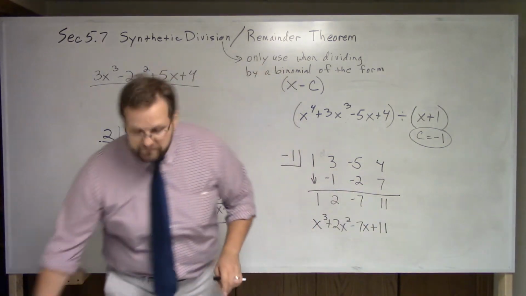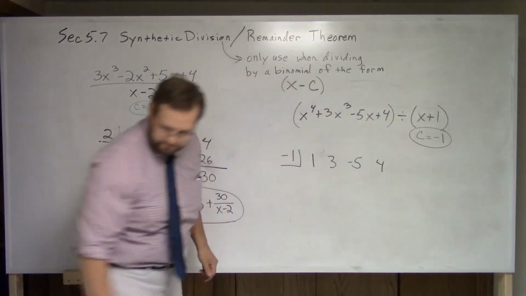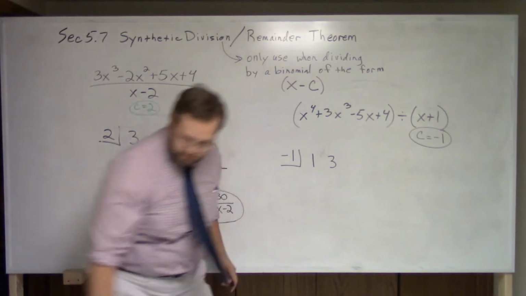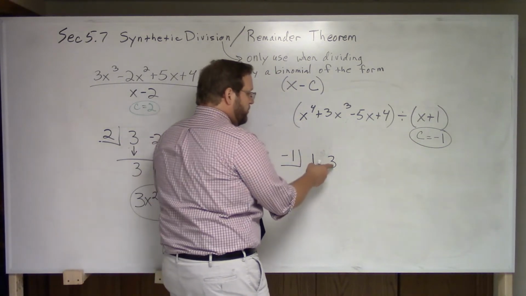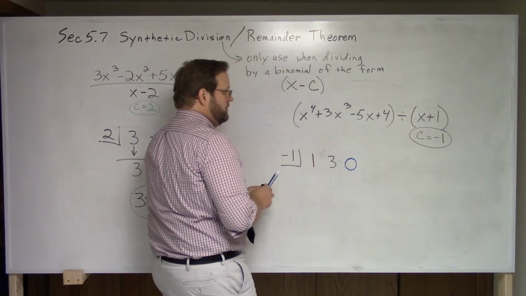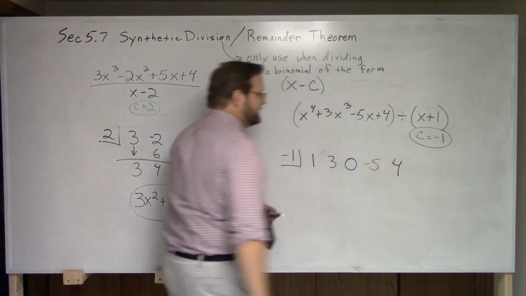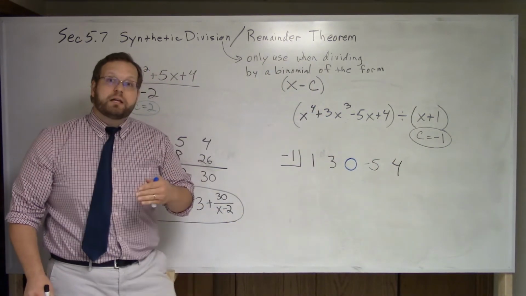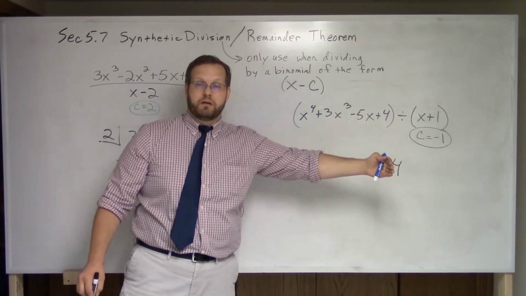So what we should have done when we started this is write it out as 1x to the fourth, 3x cubed, 0x squared, negative 5x, and then a 4 as a constant. That now gives us one more column, therefore we're going to have room for that remainder. Okay?